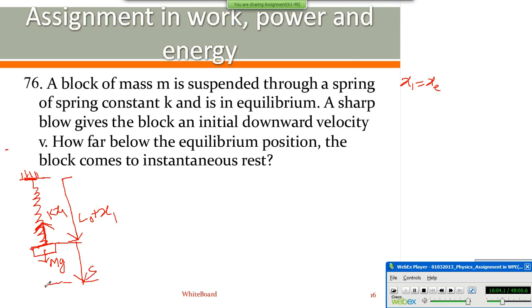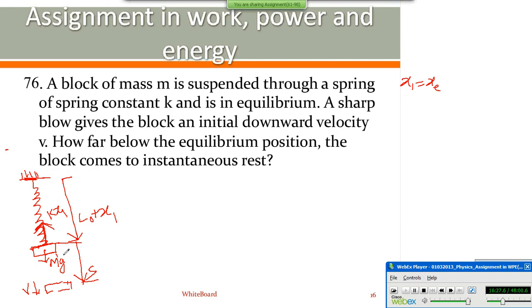Let us apply conservation of mechanical energy, and the block moves by distance s below the equilibrium position. Here the block is given an impulse in the equilibrium position so that it gains a velocity v.